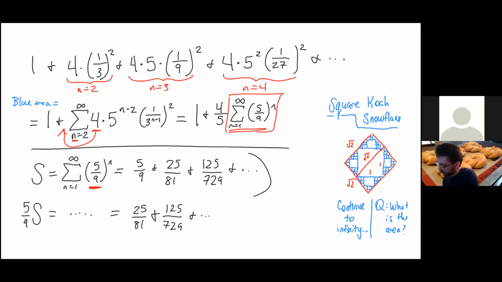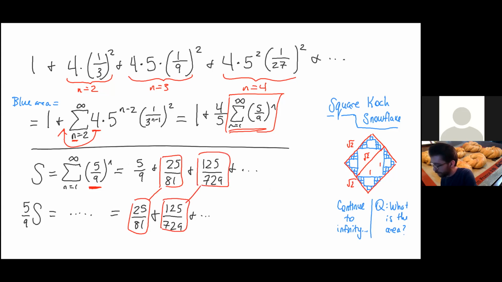So let me erase this little note. And maybe you notice something here. The first term here matches up with the second term here. The second term here matches up with the third term here. And that would continue forever. They would always match up.